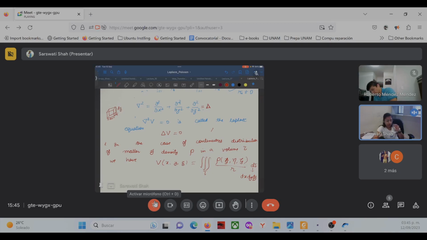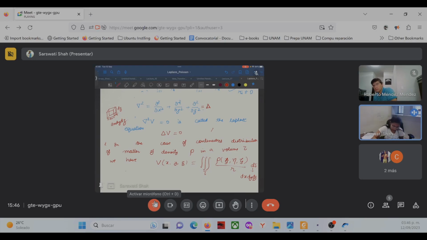So the volume of this small cube in 3 dimensions will be dx dy dz. And if we take the integration over the whole domain, it will give us the volume of the whole domain. Since the distribution is continuous, we take a small volume and integrate over the whole domain. That will be the volume of the whole region.